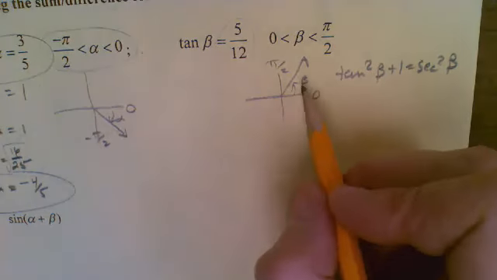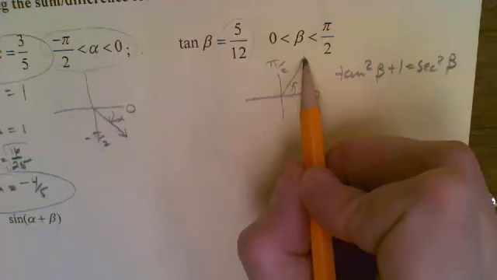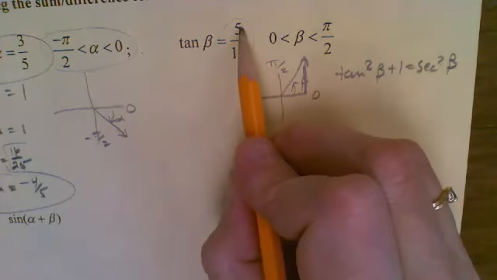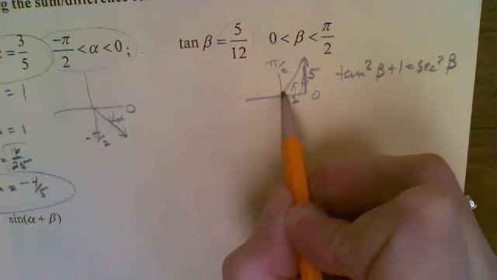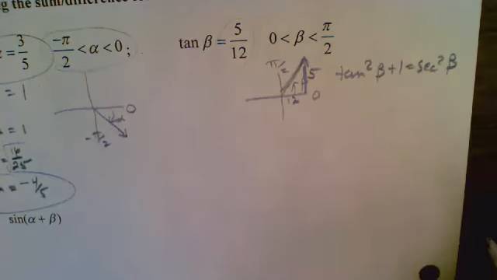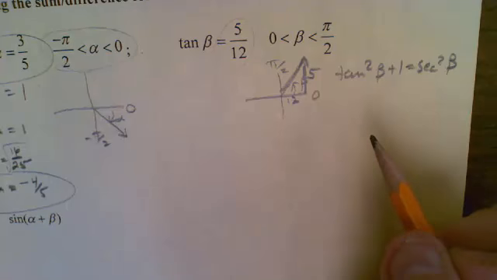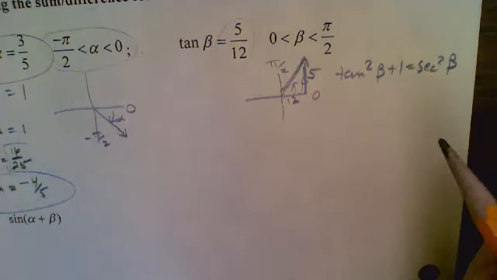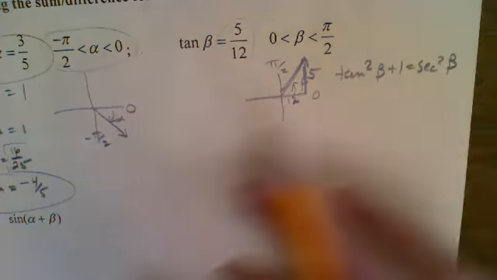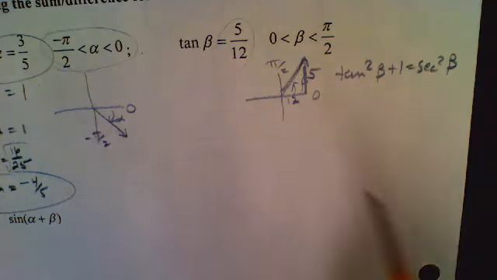We can do what we did in the other chapter and say, all right, tangent is sine over cosine or y over x. So if this is 5 and that's 12, I could go off the unit circle and see what that was, and then use my sine and cosine identities. So I don't really care which way you do it. I could show you both ways and then get this piece, and then I'll do the rest of it in the next video.